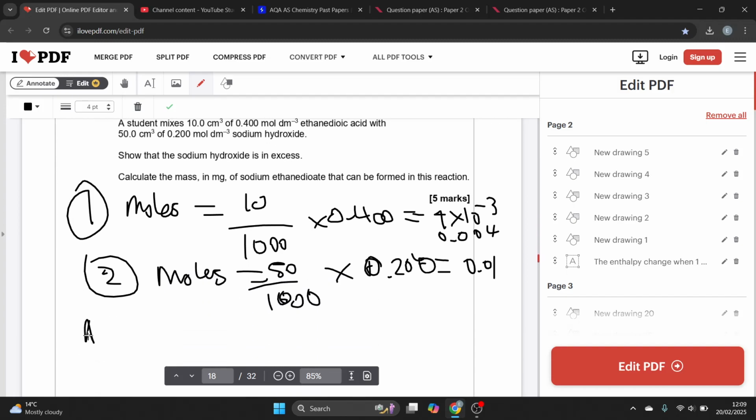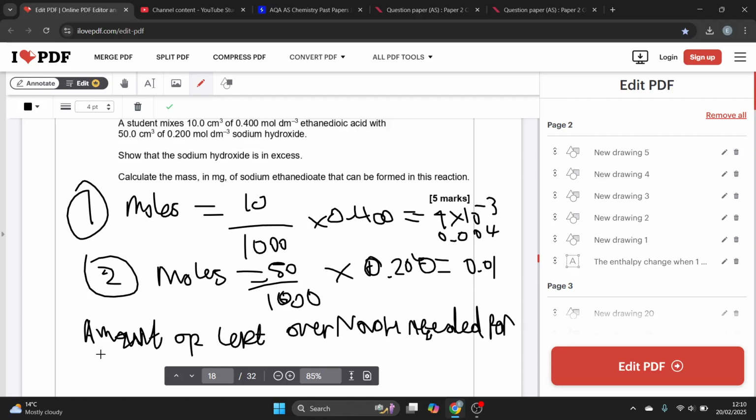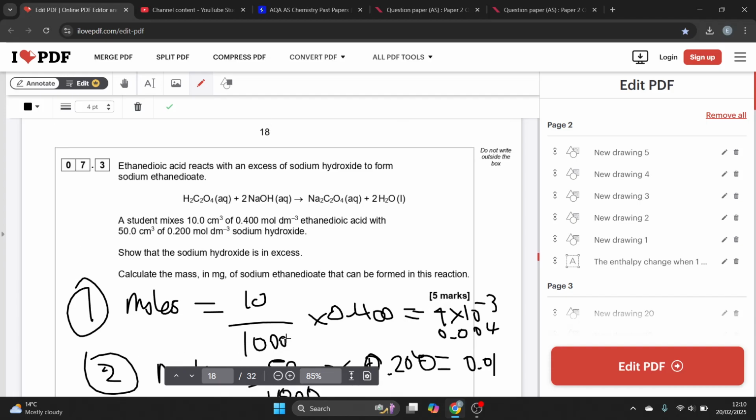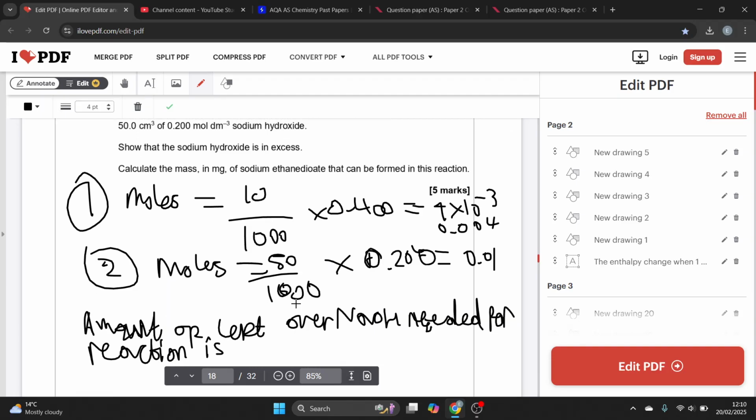Actually, a better way of saying it is the amount of leftover NaOH needed for the reaction. It's a 1 to 2 mole ratio, so it's going to be 4 times 10 to the power minus 3 times 2, and then 0.01 minus that, so it's 0.002.